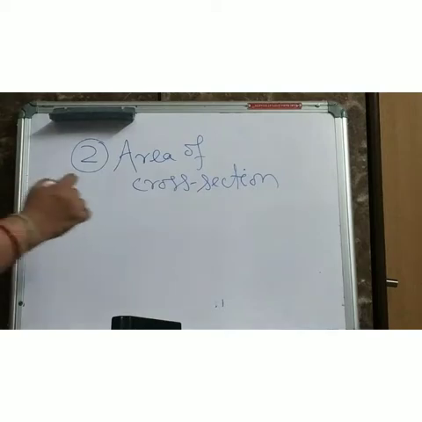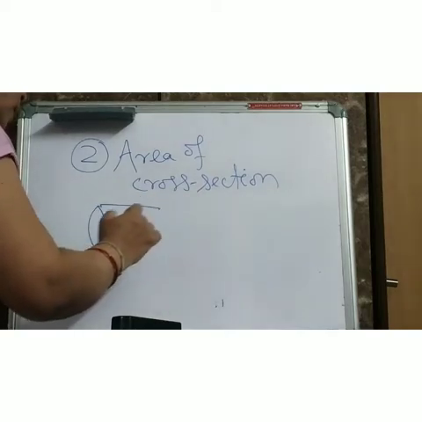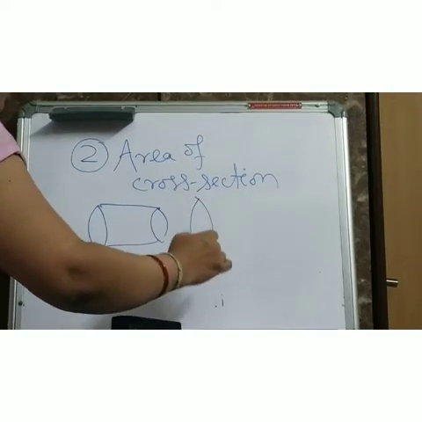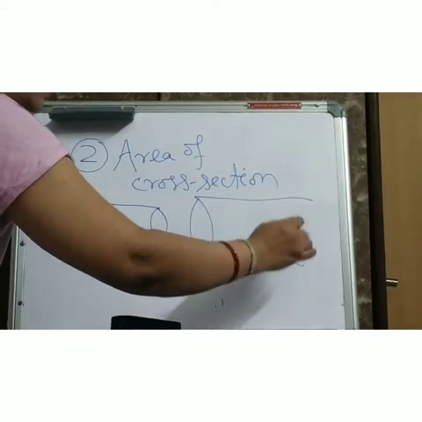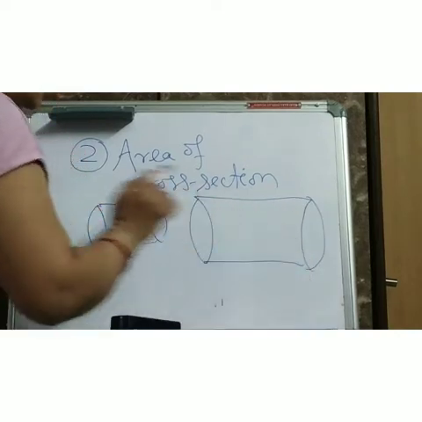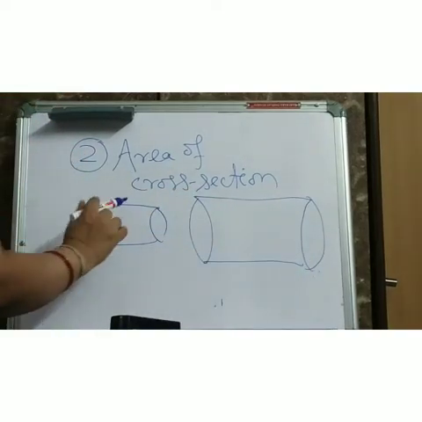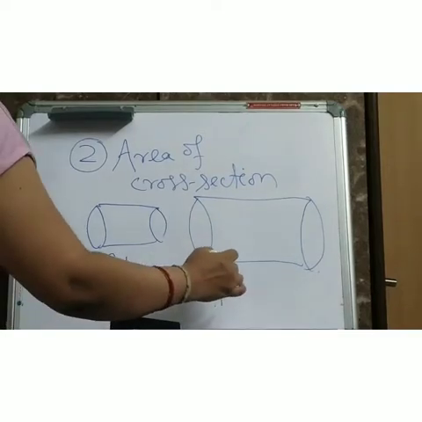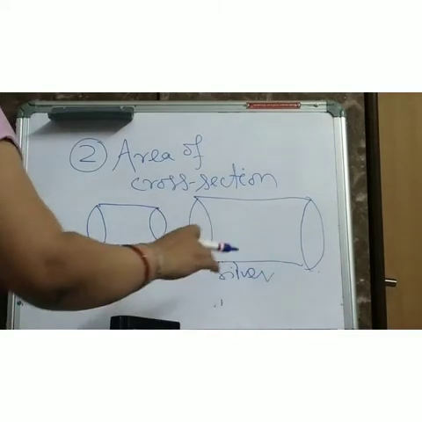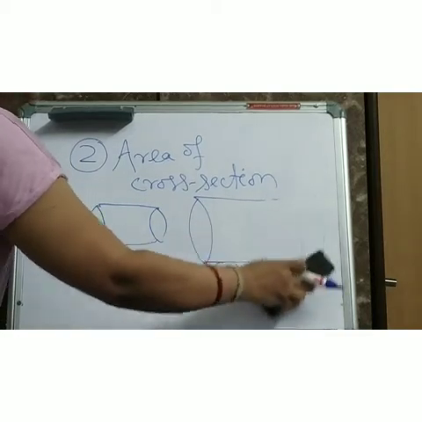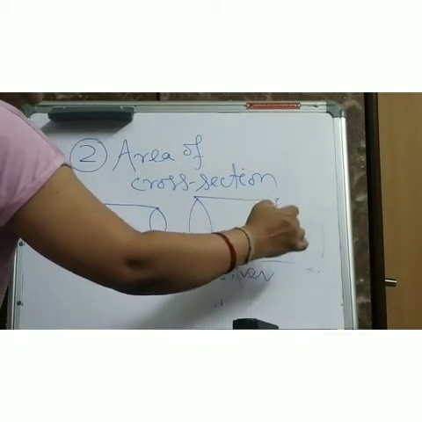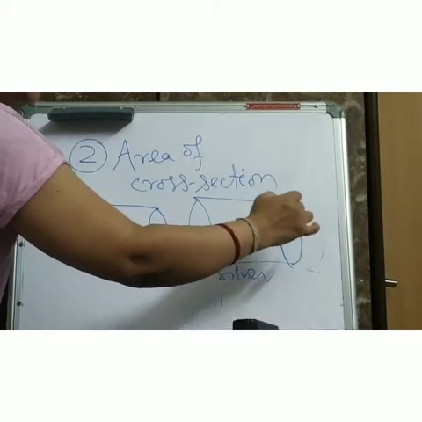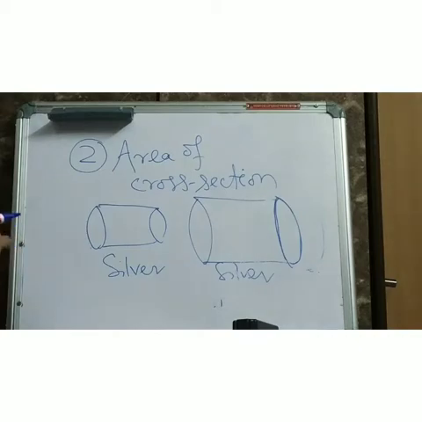So second is area of cross section. What is happening now? Take again one conductor like this and take a big conductor. That means area of cross section is more. Suppose the material is the same, silver and silver. And again, you have to keep the length also the same. Then only we can understand the dependence of resistance on area of cross section.